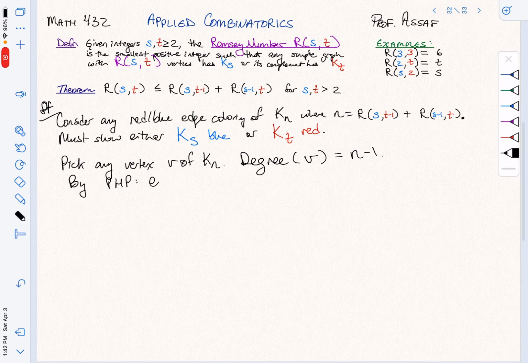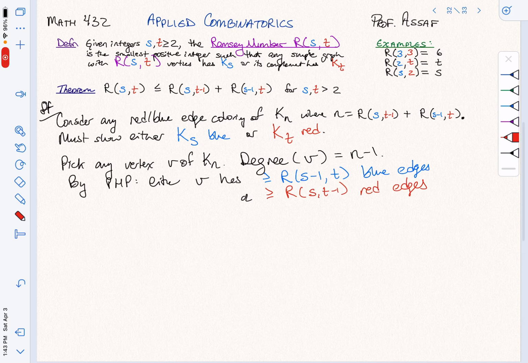We either have v has at least R(s-1,t) blue edges coming out of it, or at least R(s,t-1) red edges. These are the two cases that have to happen because n minus 1 is this value minus 1, so we get at least that many edges of one of the colors.